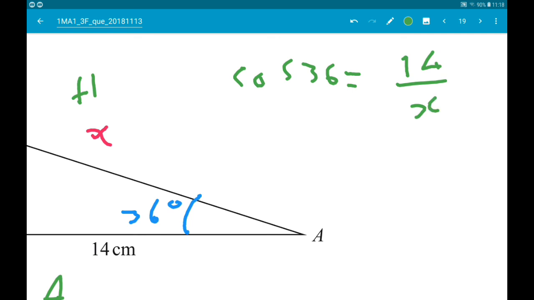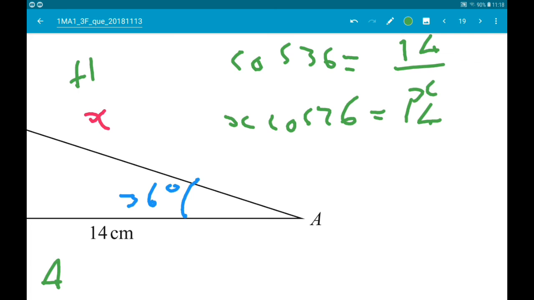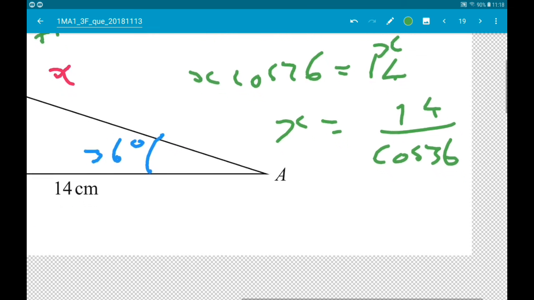Okay, now we want to get x on its own, so we definitely do not want it on the bottom of this fraction, so we multiply both sides by x, so we get x cos 36 is equal to 14, and then we want to get x on its own, so divide by cos 36, so x is 14 over cos 36.